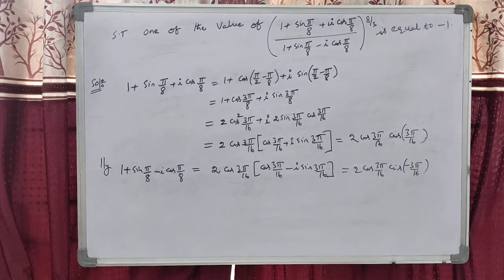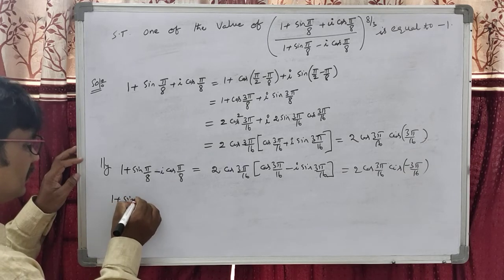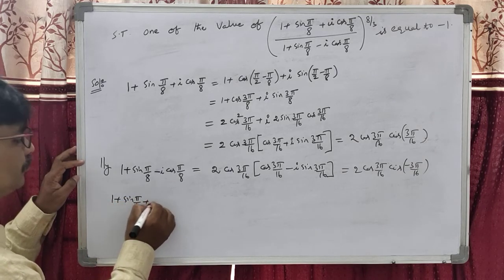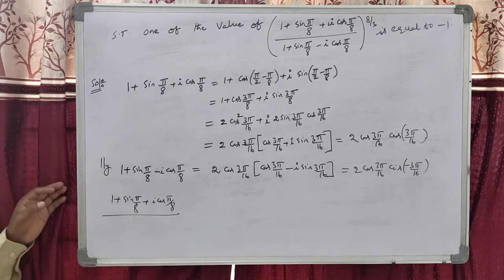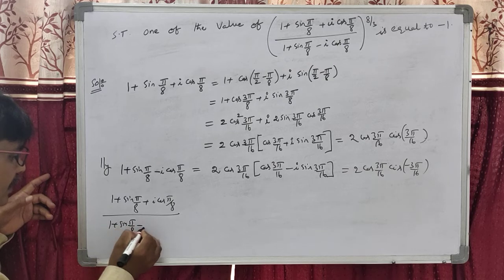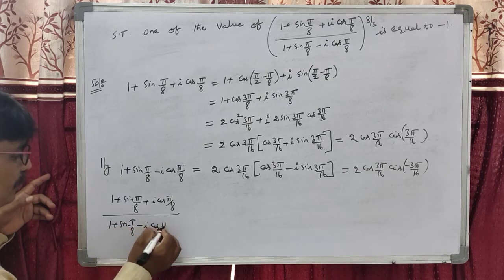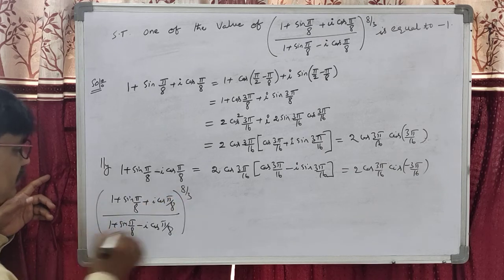Now, 1 + sin π/8 + i cos π/8 upon 1 + sin π/8 minus i cos π/8, whole power 8/3.